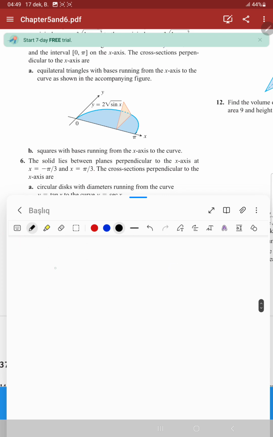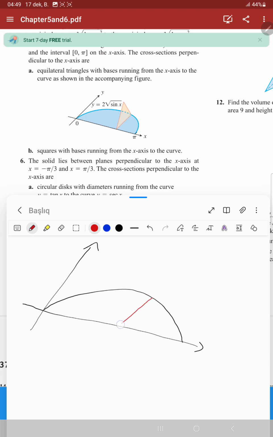Let's see the graph, by the way. Let me draw a graph. Yeah, nice. We have pi here. I think our boundaries are obvious. So what is this distance?